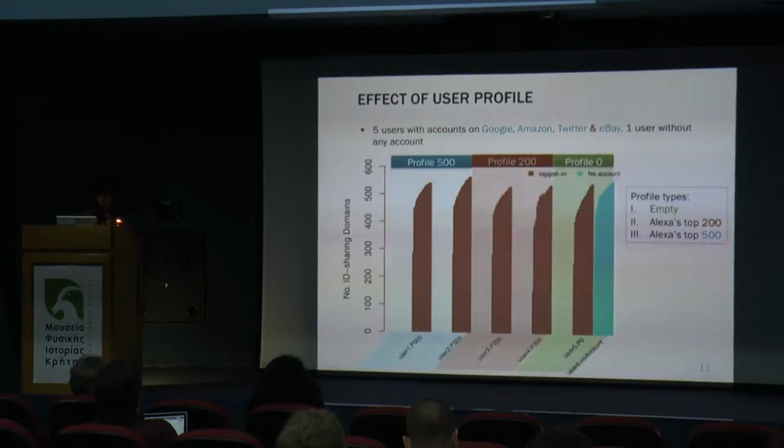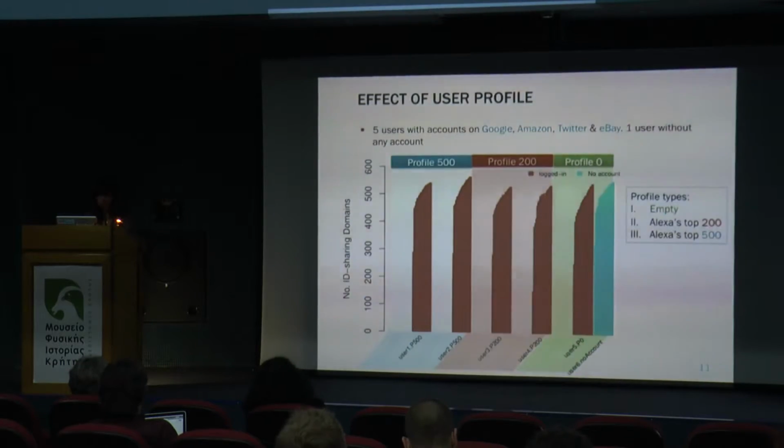And also to be able to compare the effect of not having any account, we had 1 user without any account and without any browsing history. To create this browsing history, we crawled the corresponding Alexa list 5 consecutive times. After training our profiles, we ran our main measurement, in which we crawled the top 1,000 Alexa websites 10 times.